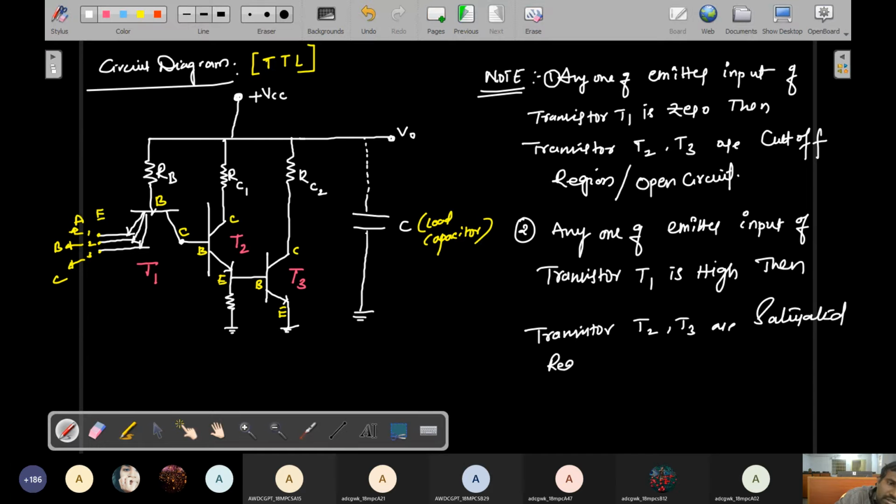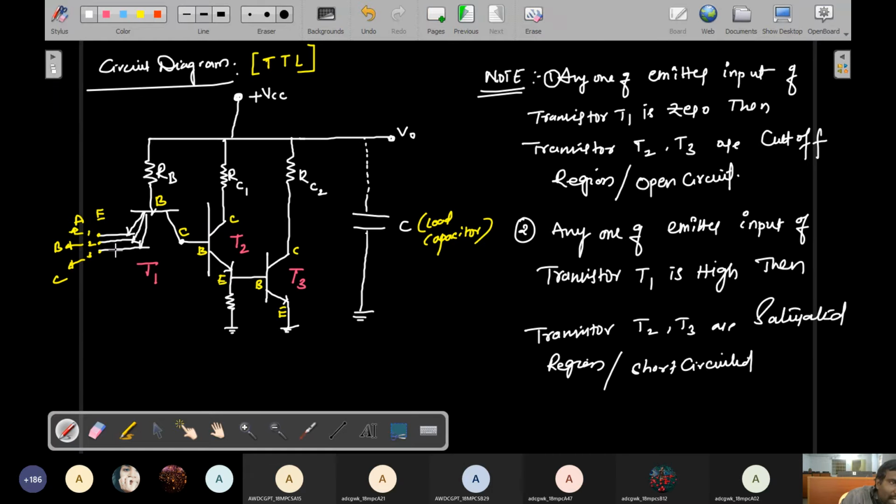Saturated region or short circuited. Short circuited means simply connecting a wire between these two terminals, like a single wire. So this is a very important point.